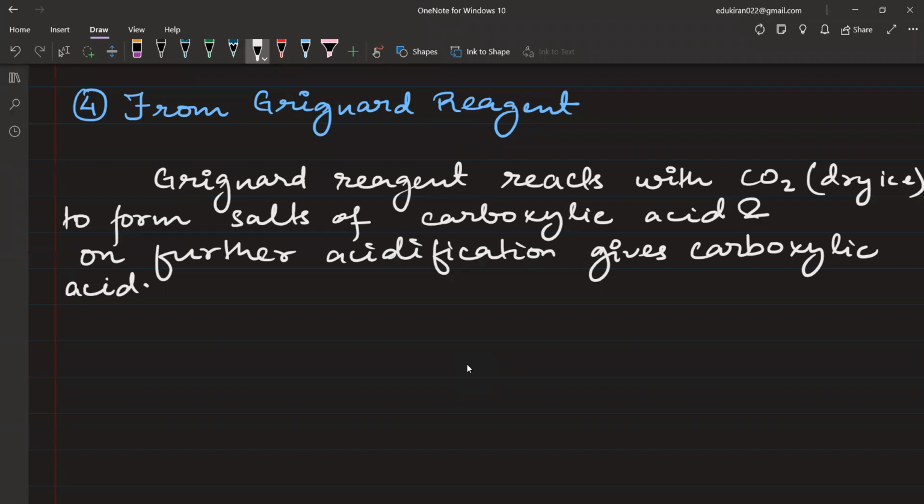Okay, so see, the general reaction is RMgX plus CO2 in the presence of, again, what? Dry ether.